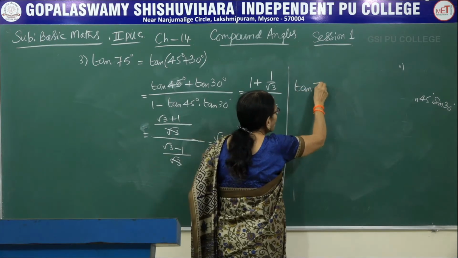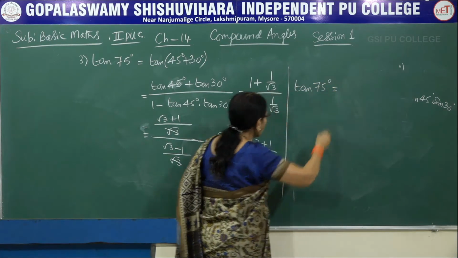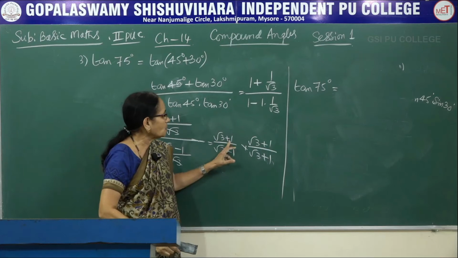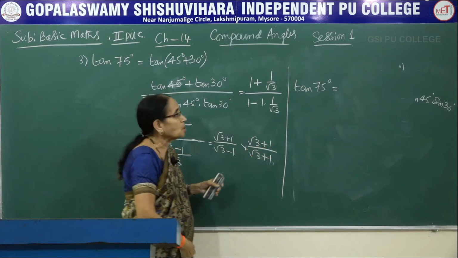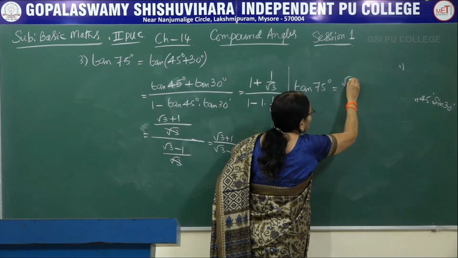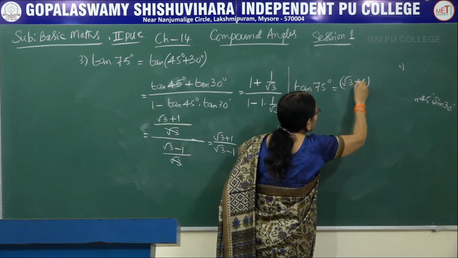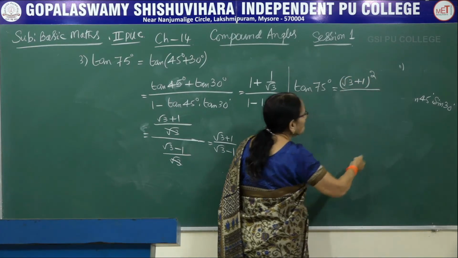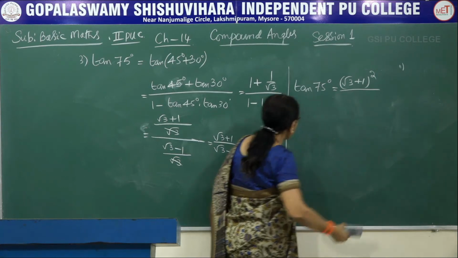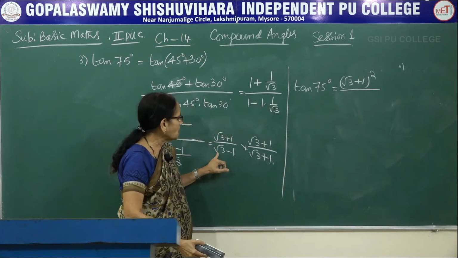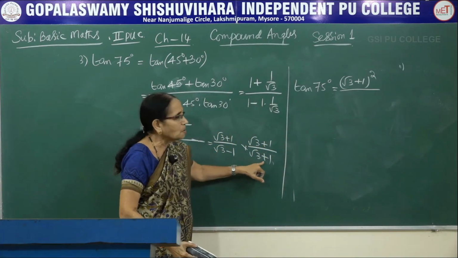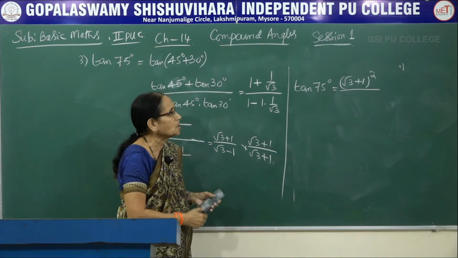Therefore, tan of 75. Now look at the numerator. It is of the form A plus B into A plus B. So it becomes a perfect square, that is root 3 plus 1 the whole square. Now look at the denominator. Denominator is of the form A minus B into A plus B. Again we use algebraic formula.